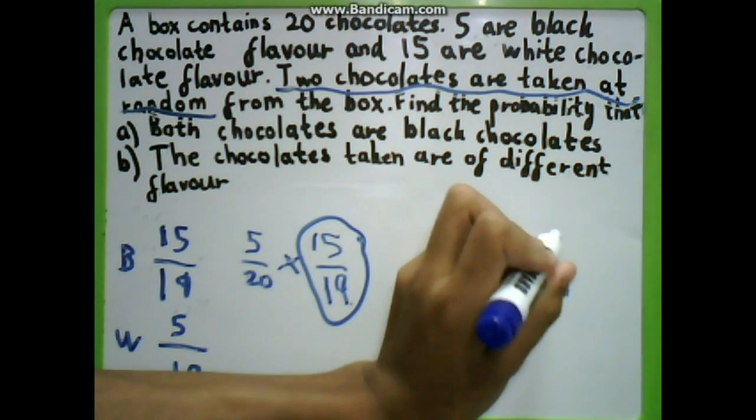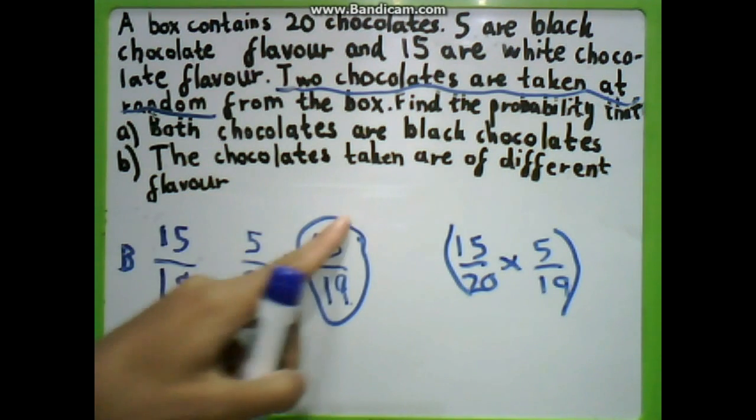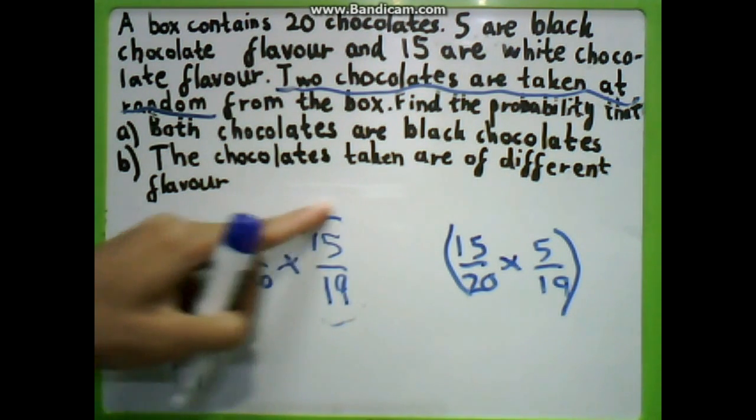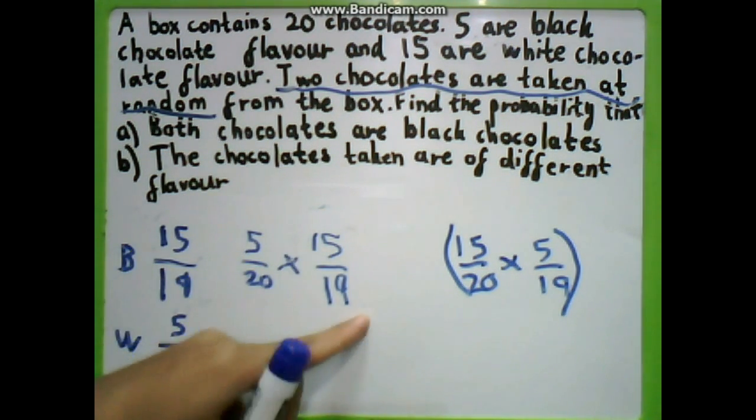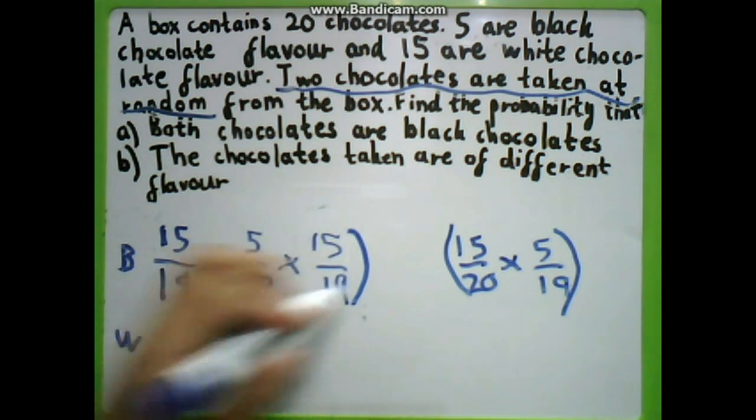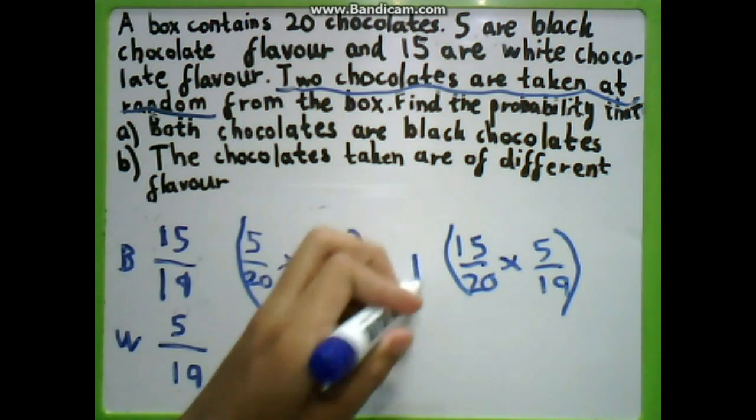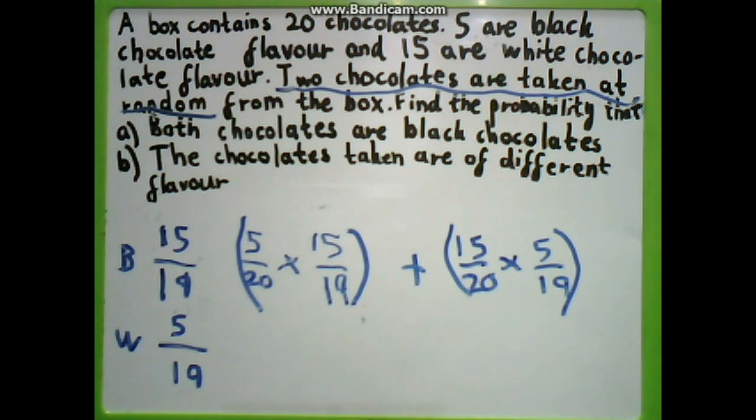That is why when it comes to the addition method, we have to put the brackets first, because we need to calculate the probability for both. Then we add.